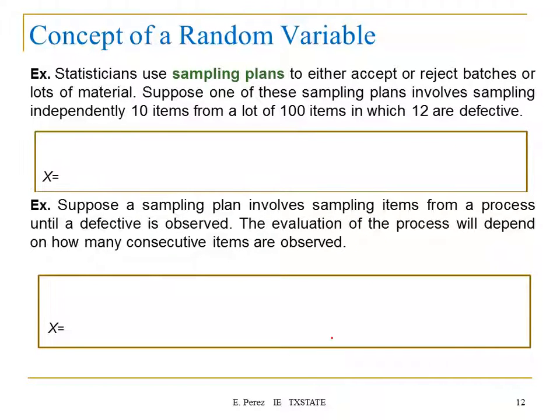So again, statisticians use sampling plans to either accept or reject batches of raw materials. Suppose one of these sampling plans involves sampling independently 10 items from a lot of 100, in which 12 are defective. We can define a random variable.